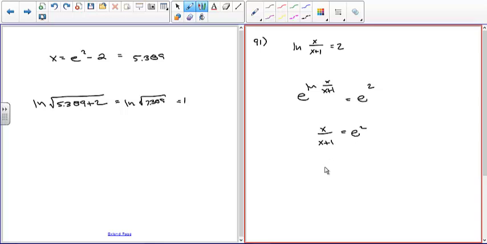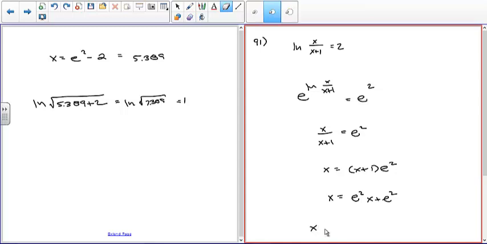So then if you multiply both sides by x plus 1, you get that. And then you multiply out the right hand side, so you get e squared x plus e squared. Move the x's to one side, so you'd have x minus this term.